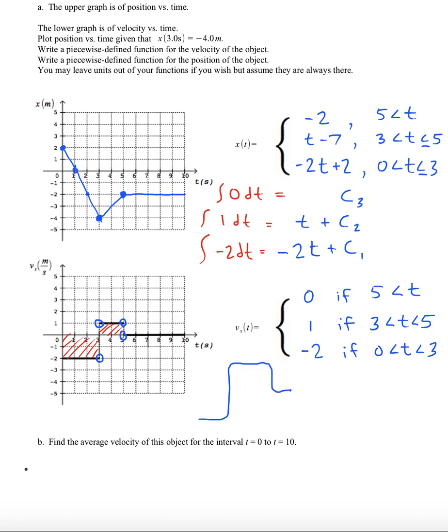And the formula for average value of a function is going to look like this. We're going to need to add up the area under the curve and then divide by the total time interval.